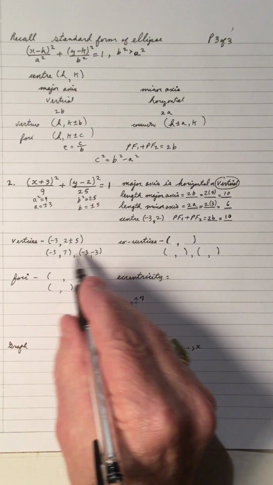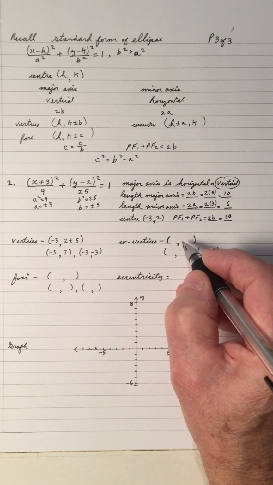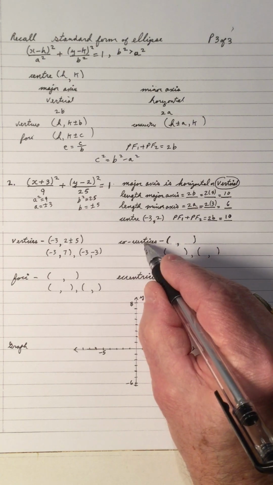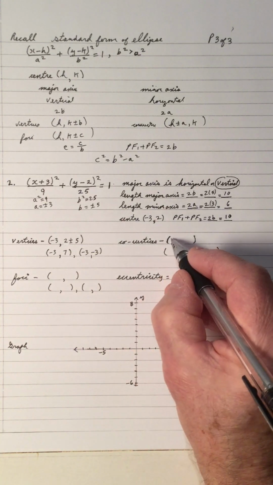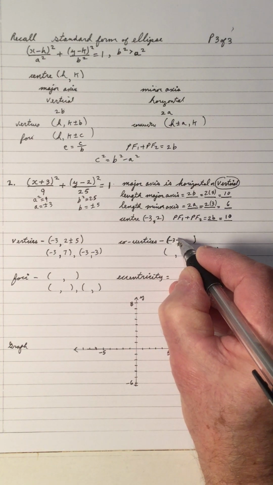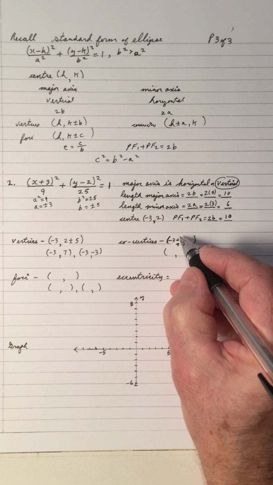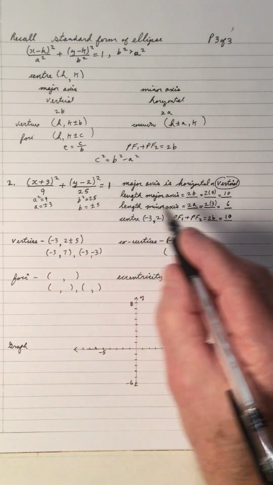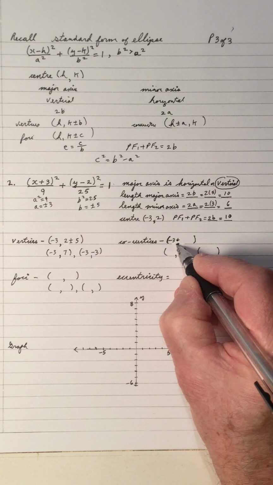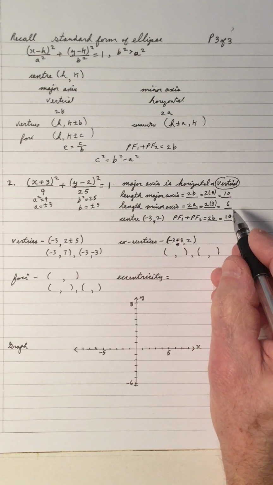Vertices are lying on the major. The co-vertices are lying on the minor. If the major is the y, the co-vertices are the x, so it's negative 3 plus or minus a, which is 3, comma 2.